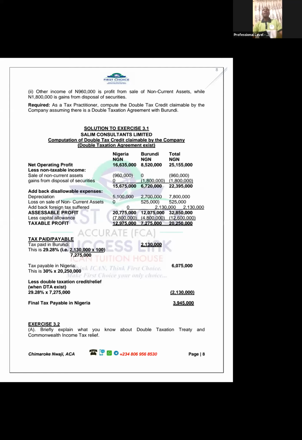And so you do not tax the sales from non-current assets. So what you now do is you deduct the 960 that was included in the statement. You deduct it from the Nigerian side, and you deduct it from the total side. Now the gain you got from the disposal of your securities: when you bought a security, you became like a part owner.